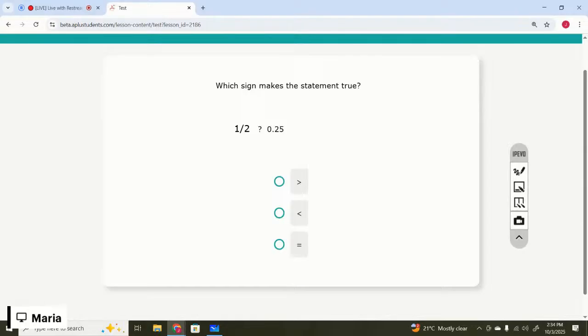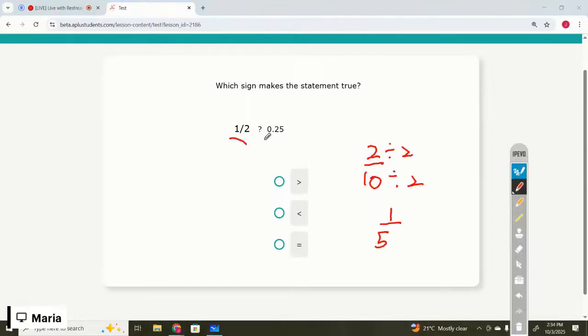Which sign makes the statement true? 1 by 2 and 0.25. Whenever we are comparing something, they must be in the same form, either fraction or decimal. So let's convert 1 by 2 into decimal. We can write 1 by 2 as 0.5.